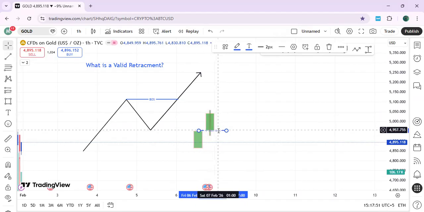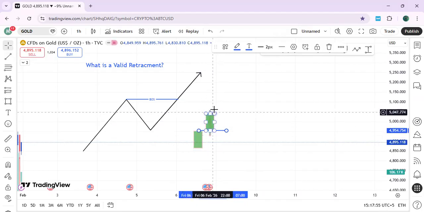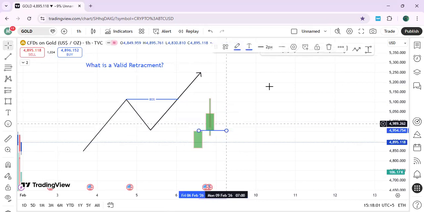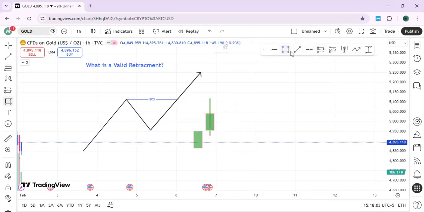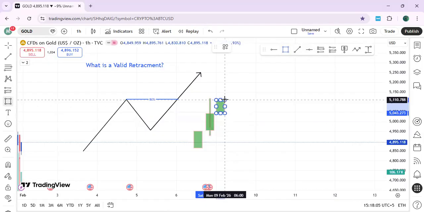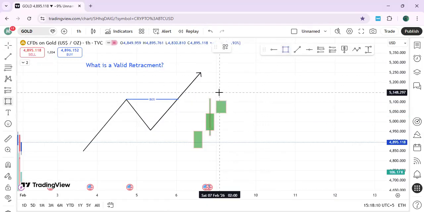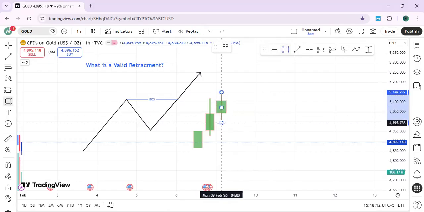Okay, understand? And if the market closes within the wick of the previous candle, I will explain it here. Just see, this one is the wick, and the very next candle closes in that way. So what should we do?